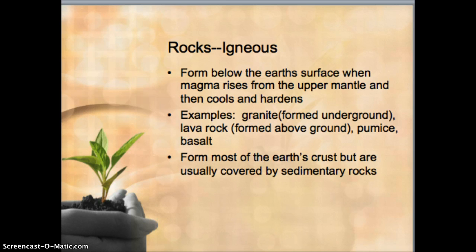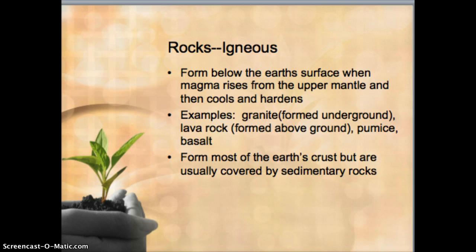Another type are igneous rocks, and these are formed from magma. So whenever magma is underneath the ground and it then cools and hardens, that would be a type of igneous rock. You can get different types depending on when that magma cools. If it cools while it's underground, a lot of times granite is formed.